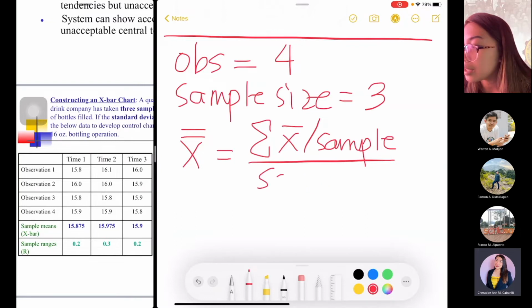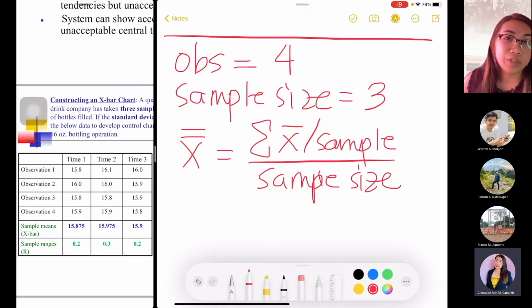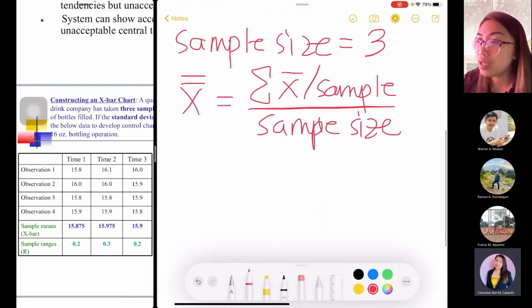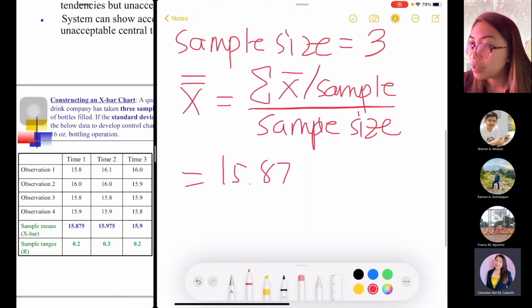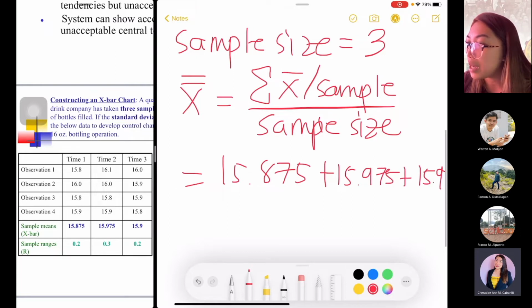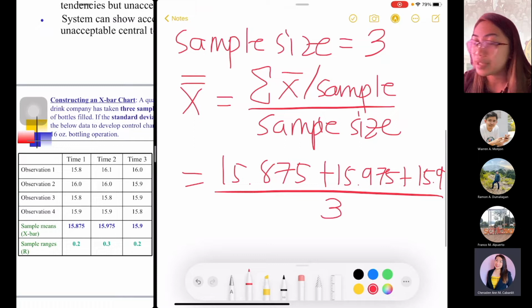I'll just write that into the general one, which is the sample size. What does that mean? Meaning to say, that is actually 15.875 plus 15.975 plus 15.9 divided by 3 sample size.